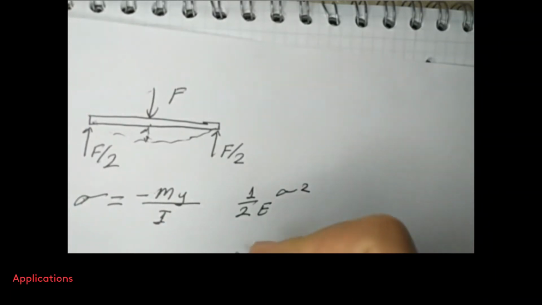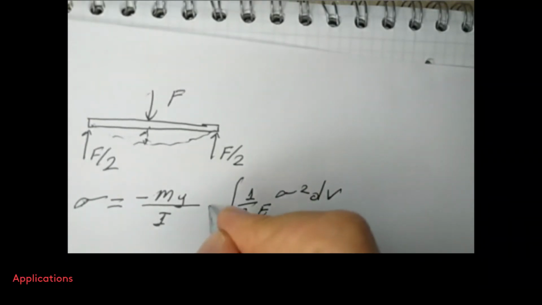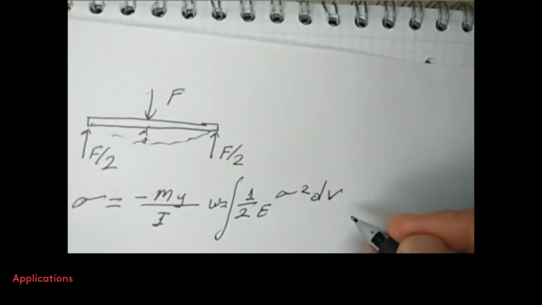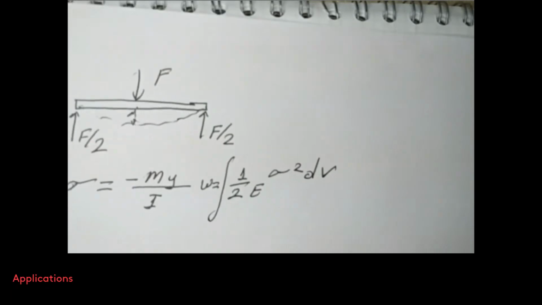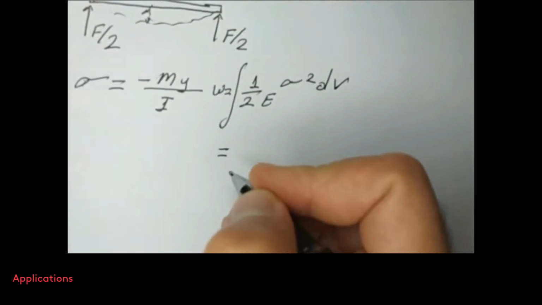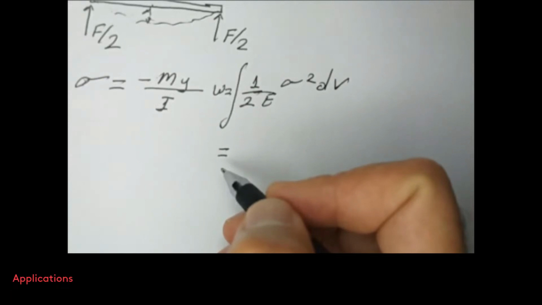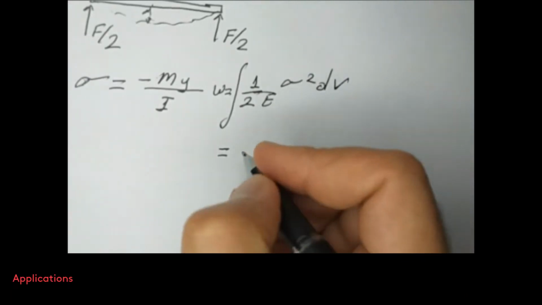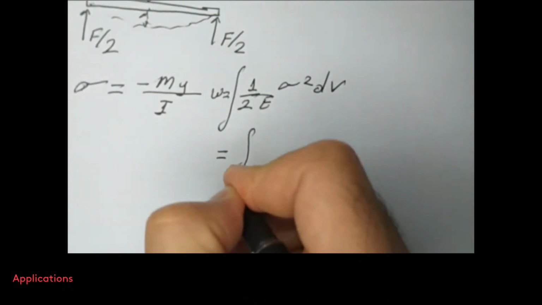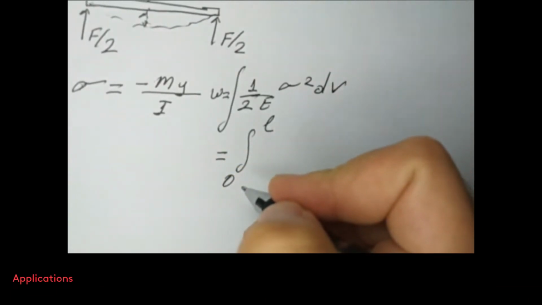So let's say that this is W. Now I will substitute the value of the stress here, and I will decompose this integral into two parts. One is from 0 to L, and the other one is on the cross section A.